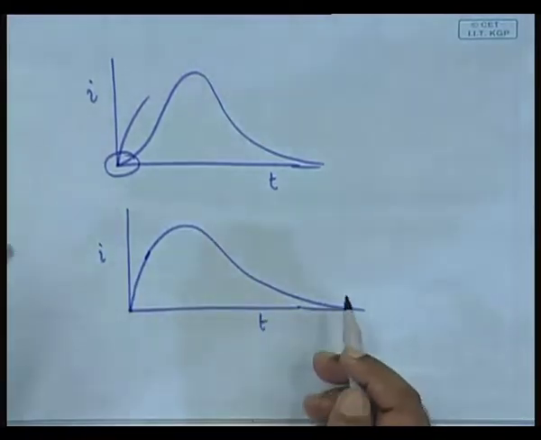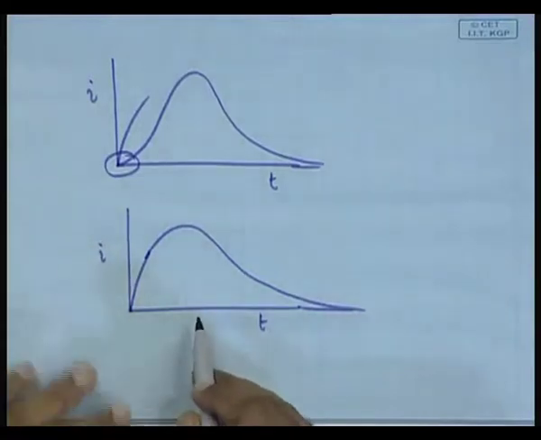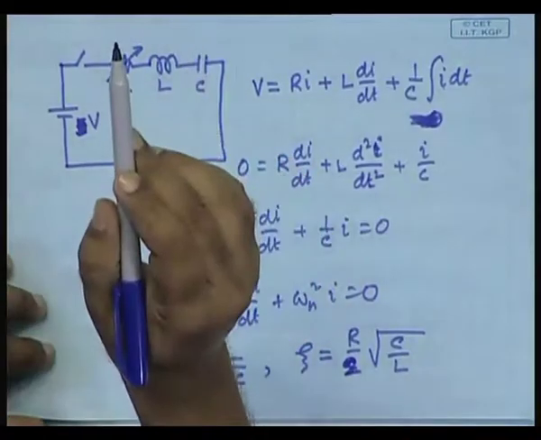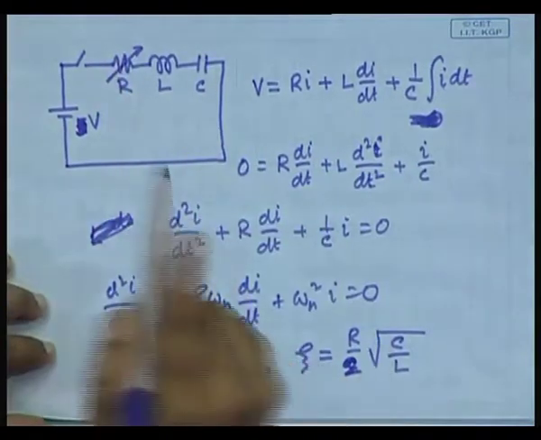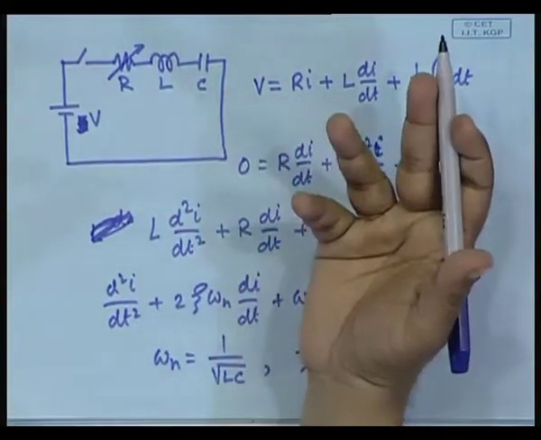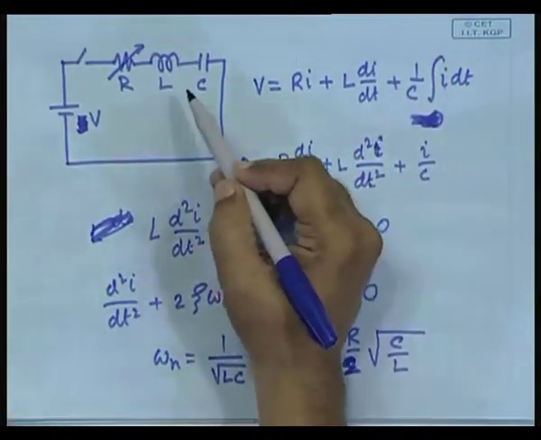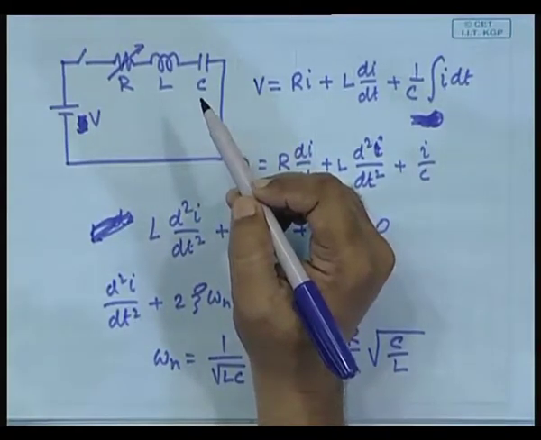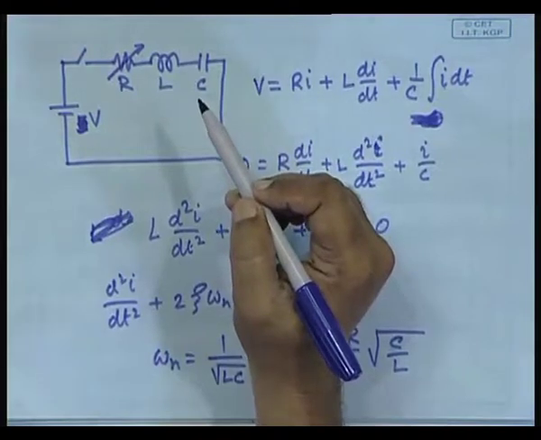Yes, now logically obtain the other waveforms. Initially the current slope di/dt, you have decided that it will start from some value V by L, or the voltage across this is V, and then it goes to 0.